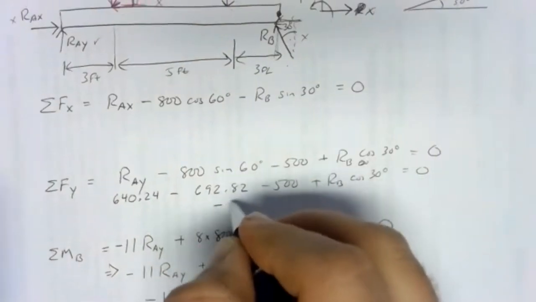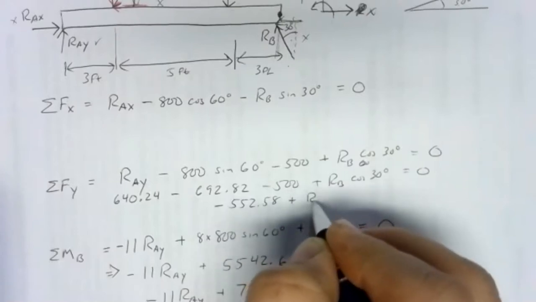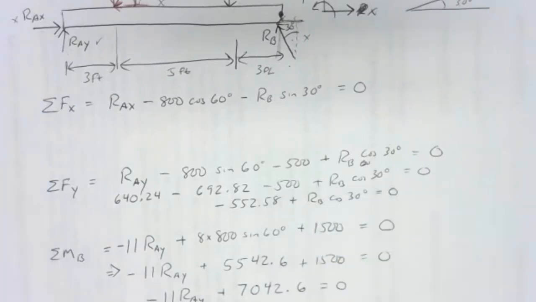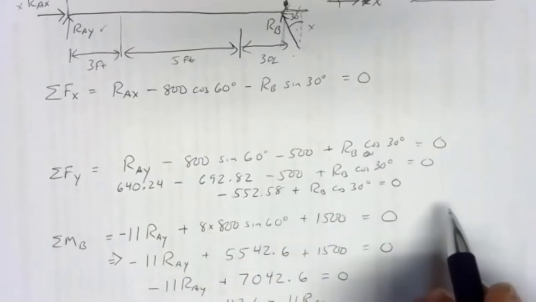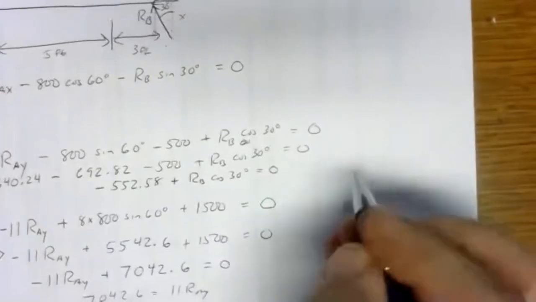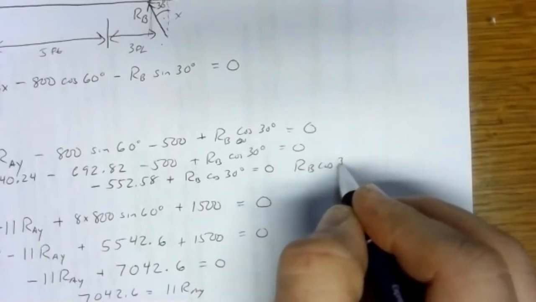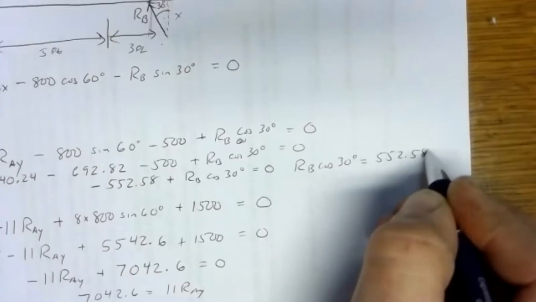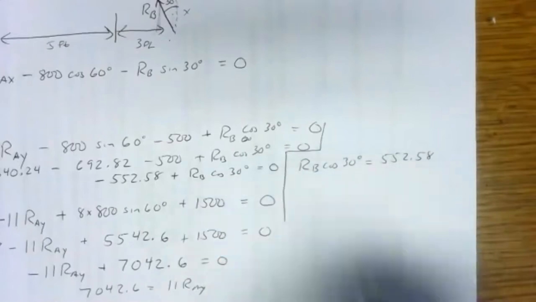So we have a negative 552.58 plus RB cosine 30 degrees equals 0. To write this in our typical equation form, we'd add 552.58 to both sides. So that would be RB cosine 30 equals 552.58. That's our equation and what we have to solve.